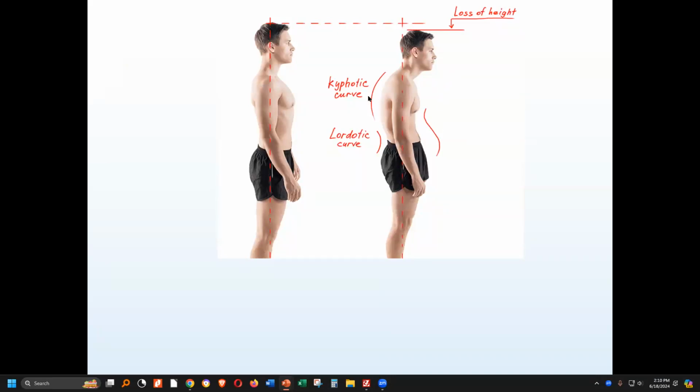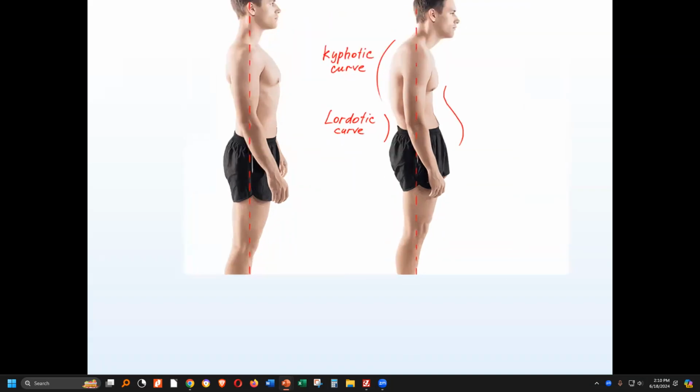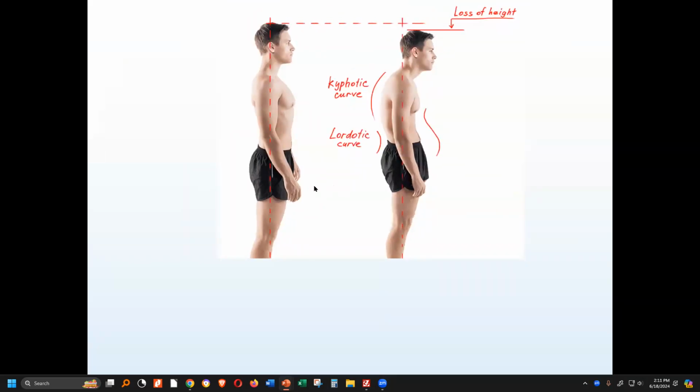And kyphosis now, here we have the curvature of your thoracic vertebra. As you can see, this is a more severe curvature, right? Just to remind everybody about the curves, that's the way the spine is set up.